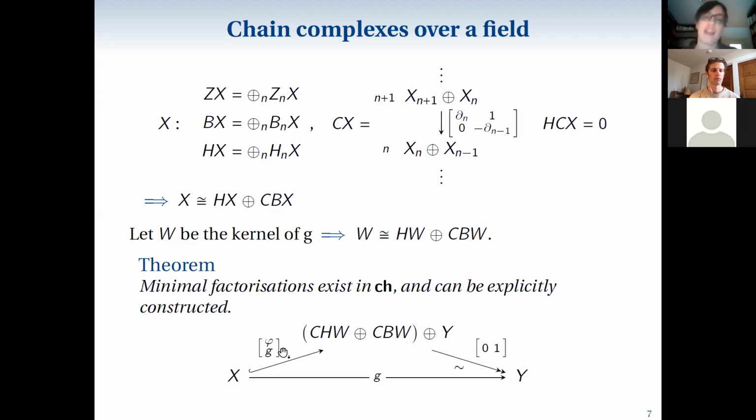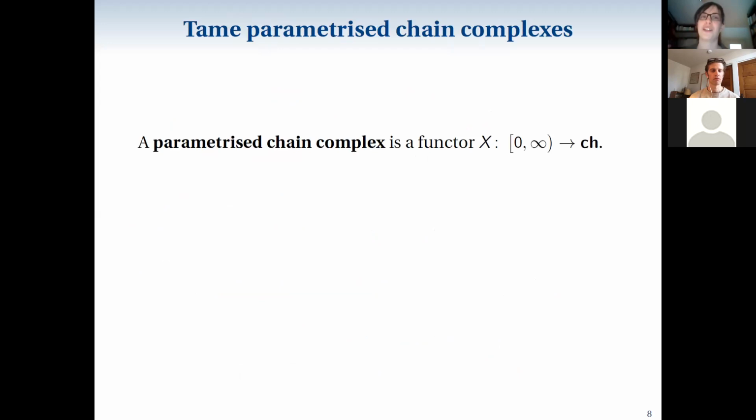So we can, for appropriate phi, which we describe in more detail in the paper, this is the minimal factorization of a chain map. So what we have is that if you give me a chain map, I have a way which is almost algorithmic, because there is something that we still need to implement, to compute the chain map, okay? So this is interesting. Okay, now we can finally talk about tame parametrized chain complexes.